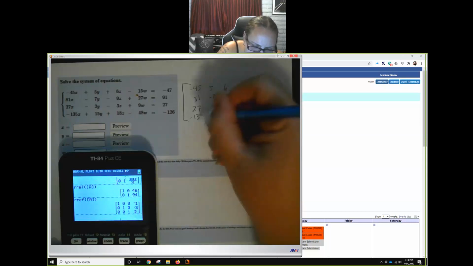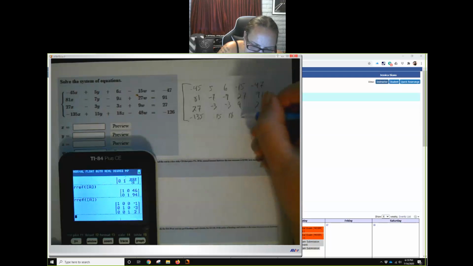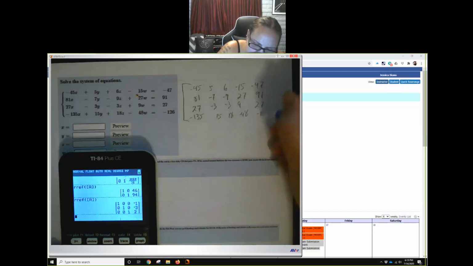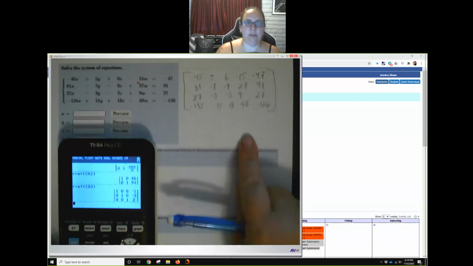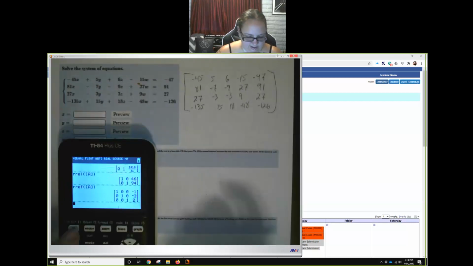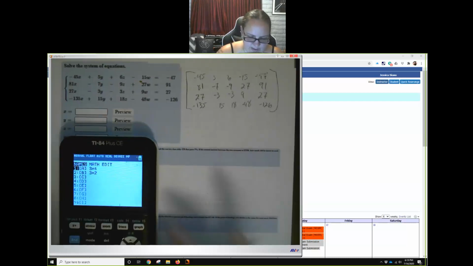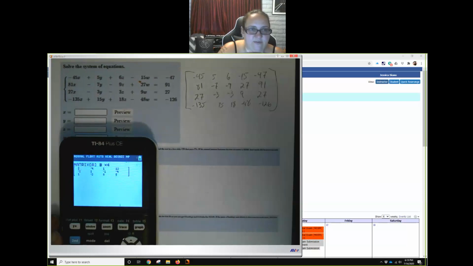Negative 135, 15, 18, negative 48, negative 126. You don't have to write that down if you don't want to. I like to. It helps me make sure that I've copied everything over right.